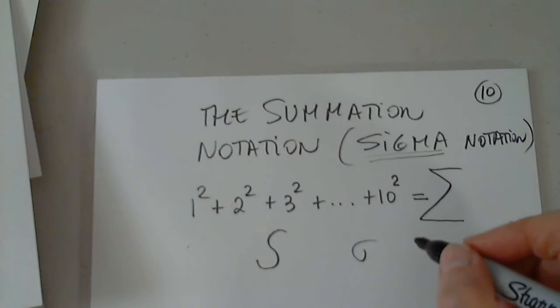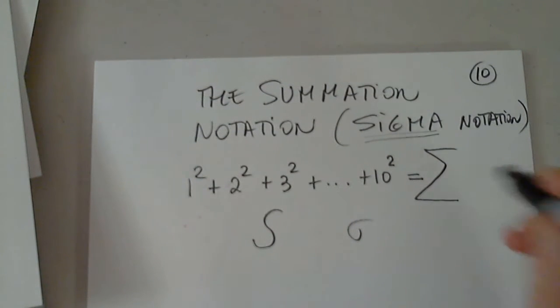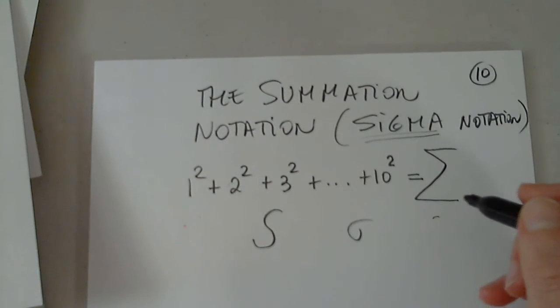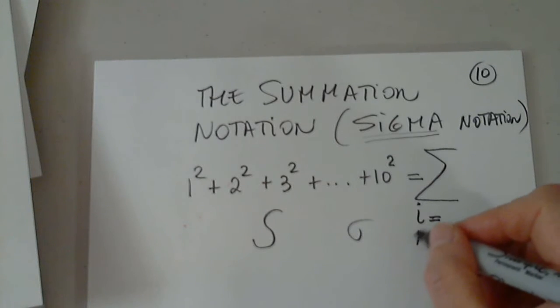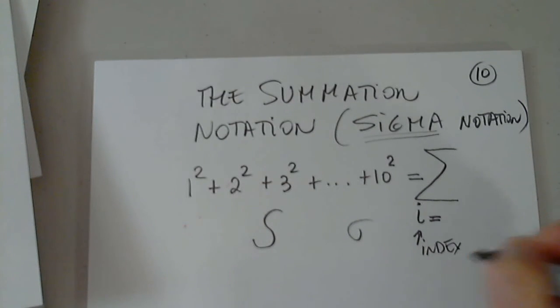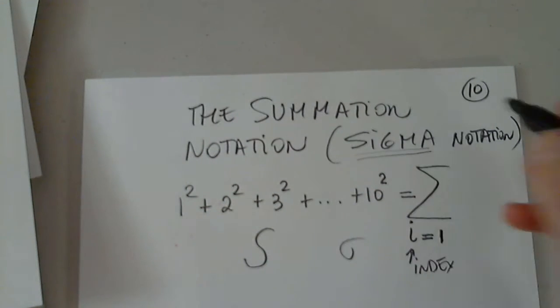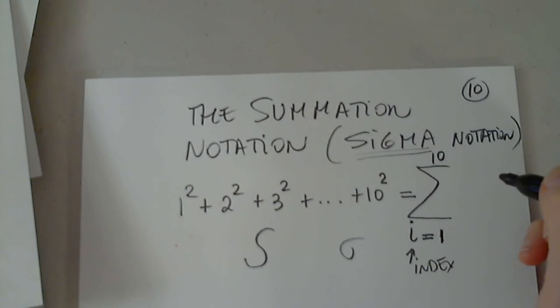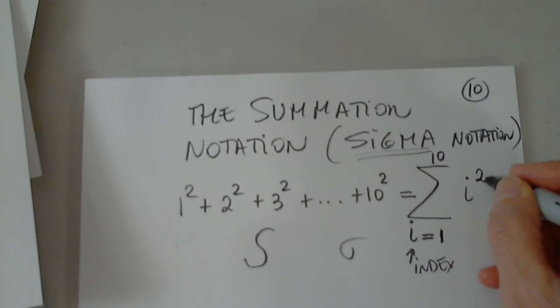This is the sigma notation. It's the Greek letter S, and it starts with i, which is the index, from 1 till the last, which is 10. Of what? Of i squared.